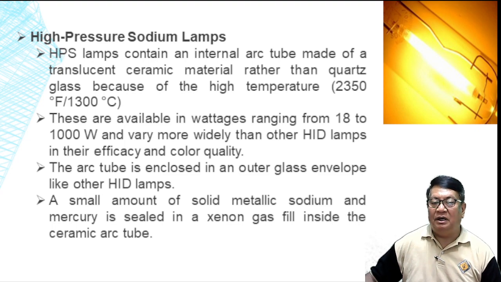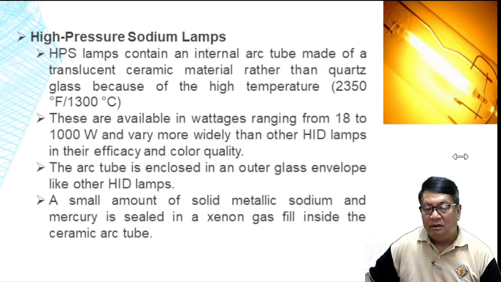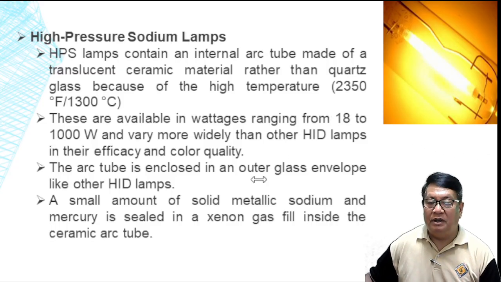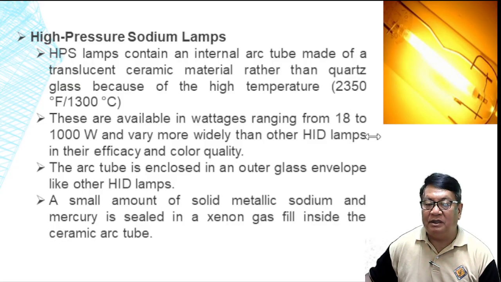High pressure sodium lamps contain an internal arc tube made of translucent ceramic rather than quartz glass because of the high temperature. These are available in wattages ranging from 18 to 1000 watts. The arc tube is enclosed in an outer glass envelope like other HID lamps.